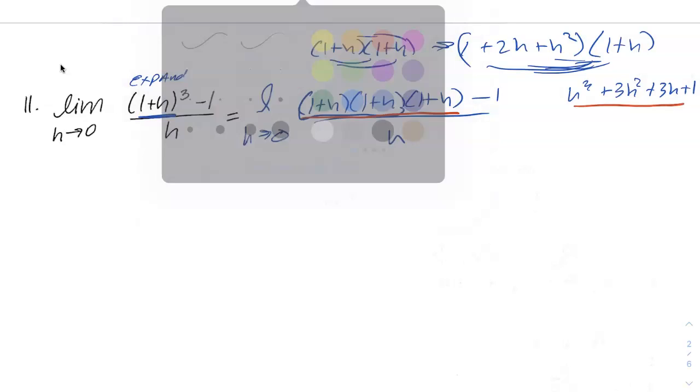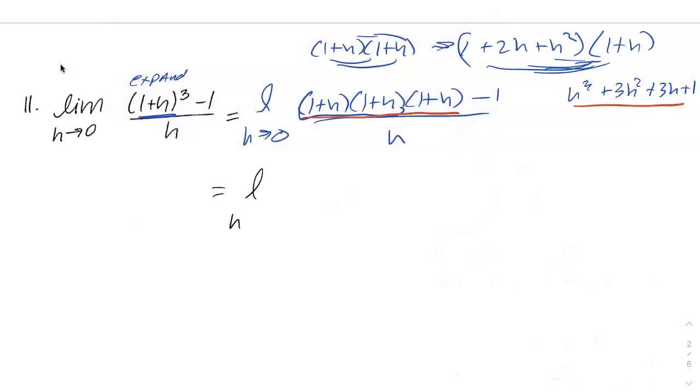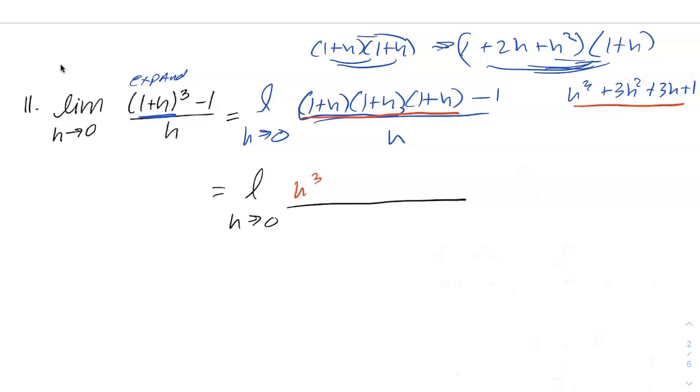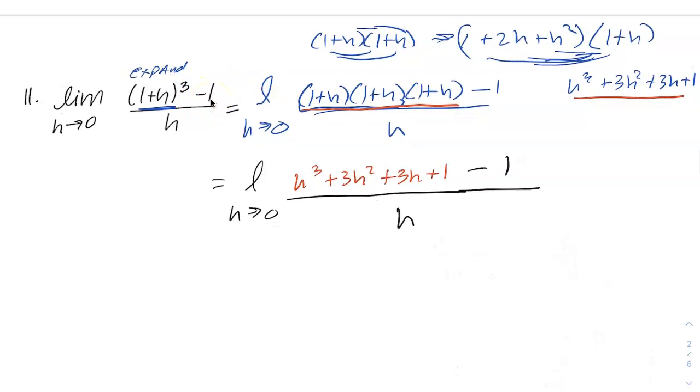Let's rewrite it. Limit as h approaches 0. And then this part is h cubed plus 3h squared plus 3h plus 1. And then we have minus 1. Remember the minus 1 is from there, which is from here, over h.